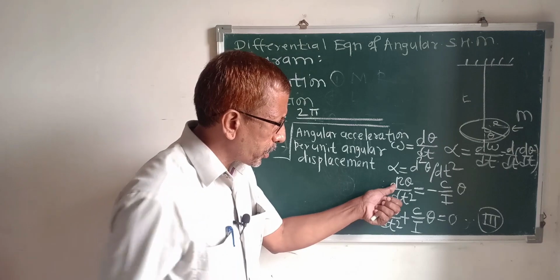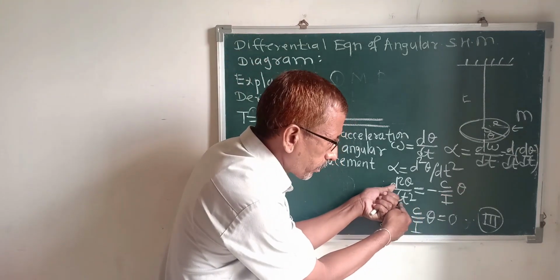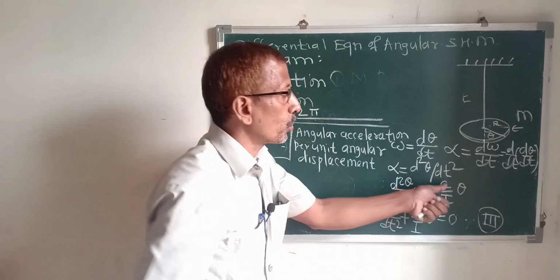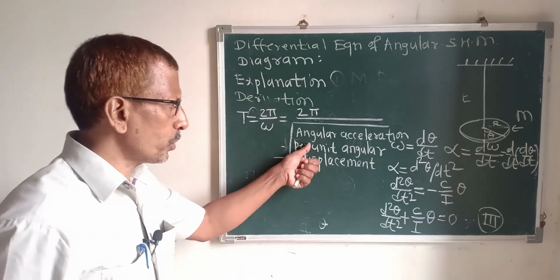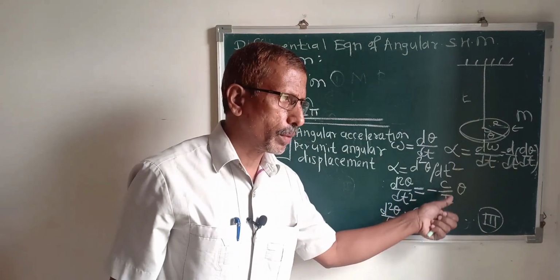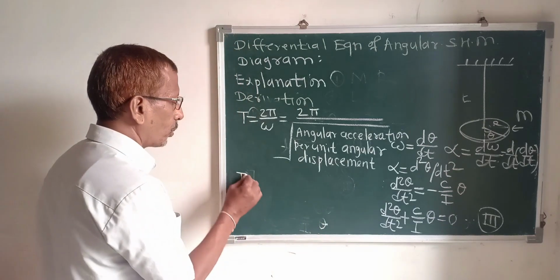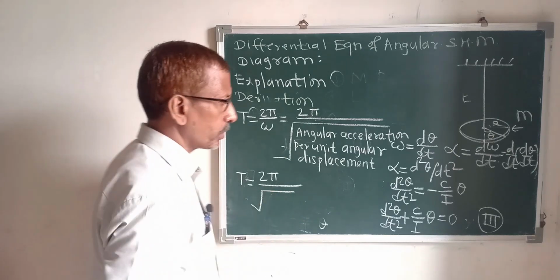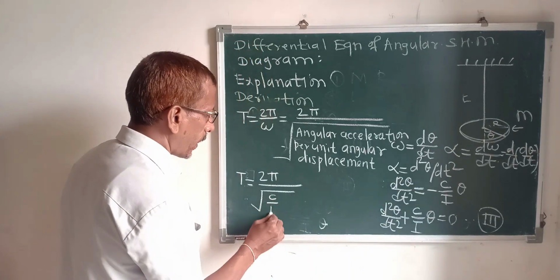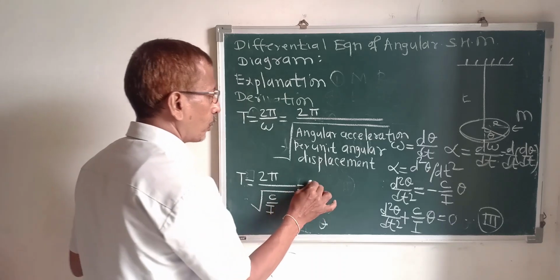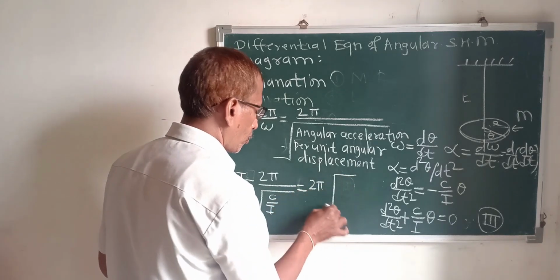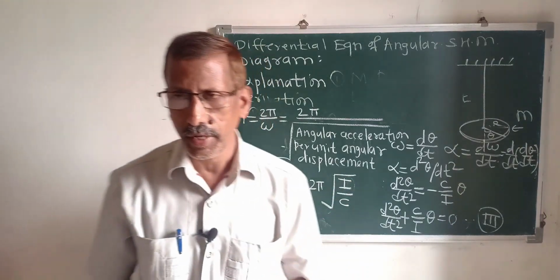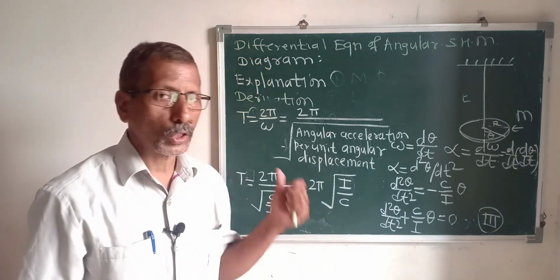So angular acceleration divided by theta means angular acceleration per unit angular displacement is equal to c divided by I. So this value comes out to be c divided by I. So we can write T is equal to 2 pi, the value in the square root is c divided by I. So we get T is equal to 2 pi into square root of I divided by c. This equation represents the period of a torsional pendulum.